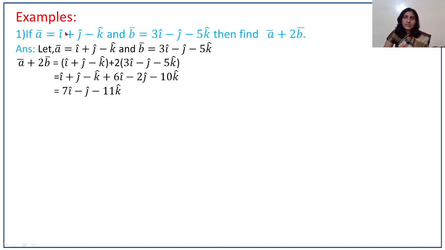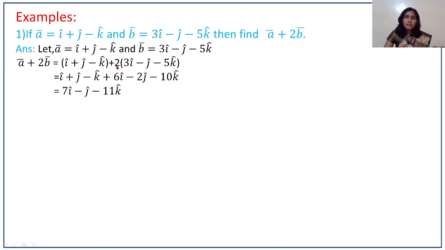Then some examples. First example: if a bar is equal to i cap plus j cap minus k cap and b bar is equal to 3i cap minus j cap plus 5k cap, then find a bar plus 2b bar. We will write here what is a bar, what is b bar. A bar is given, we write here, plus 2 into b bar.